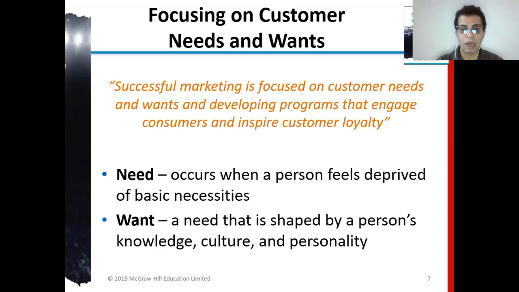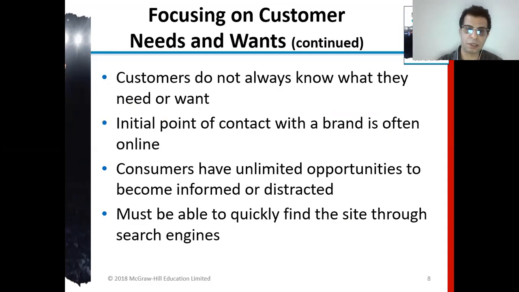For example, education: you don't need education, you want education, because it's shaped by your knowledge, culture, and personality. Now, focusing on the customer, customers do not always know what they need or want. And here is where the job of marketing comes into action.